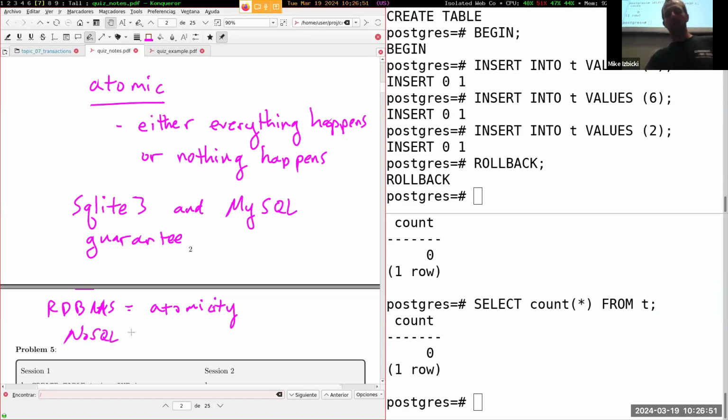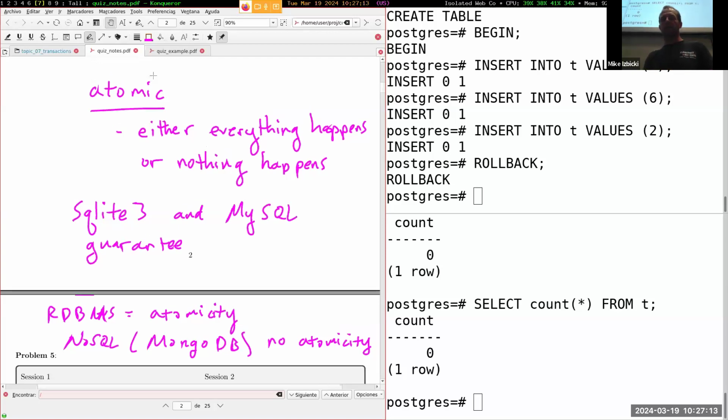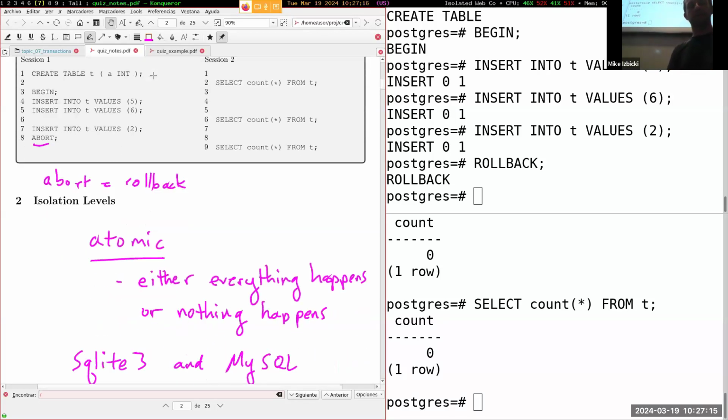NoSQL databases, so MongoDB being the most popular example, make no guarantee about atomicity. So one of the things that makes a relational database relational, that makes it qualify as having this RDBMS keyword, is that it guarantees that transactions are atomic.